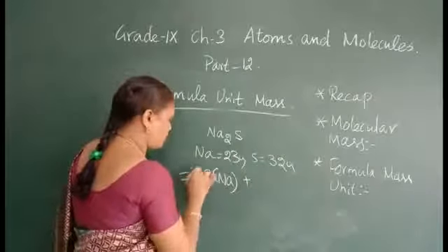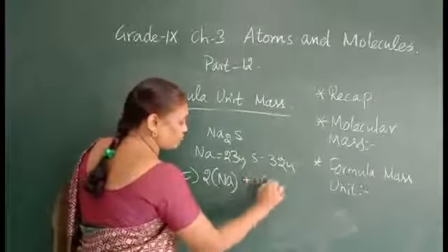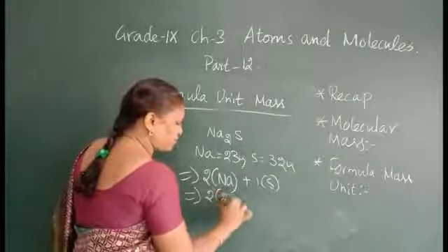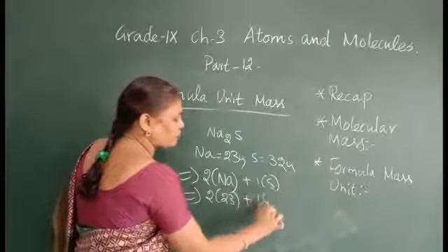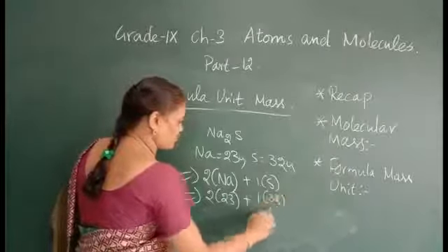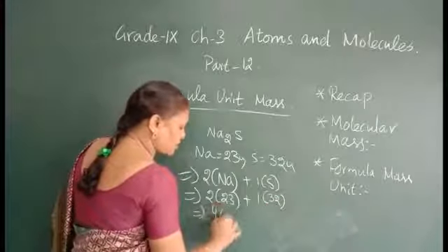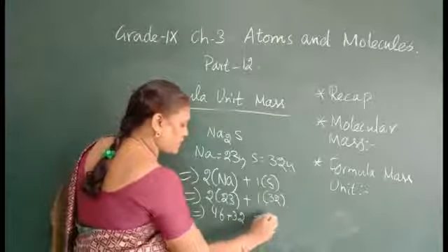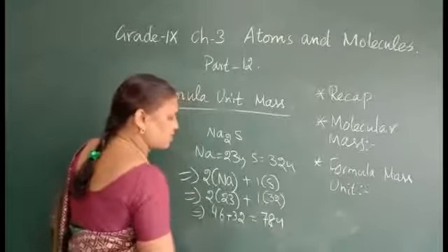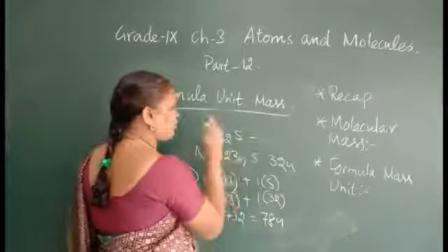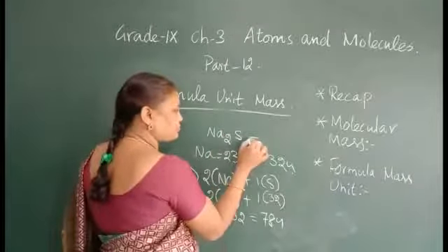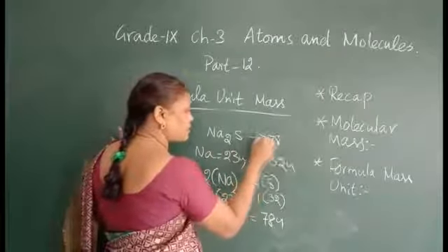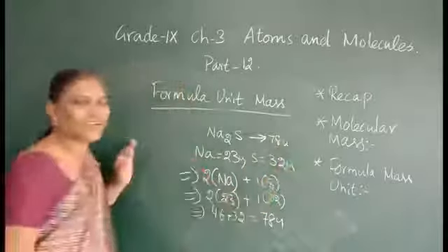And how many sulfur? 1 sulfur. That is equal to 2 into 23 plus 1 into 32. So now it is nothing but 46 plus 32, that is equal to 78 U. So the formula unit mass of sodium sulfide is nothing but 78 U. Okay, it is very easy.